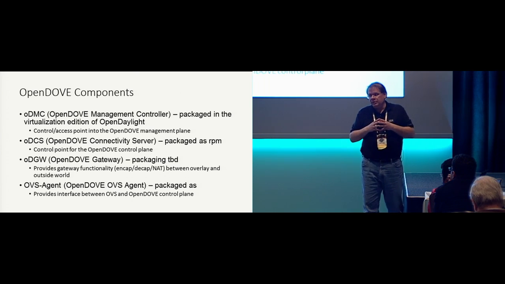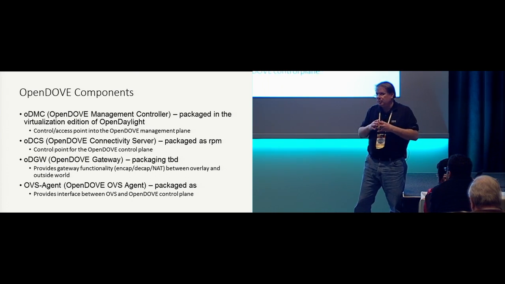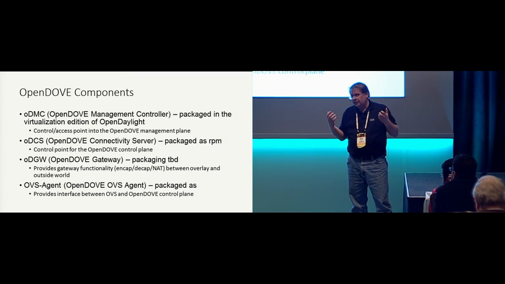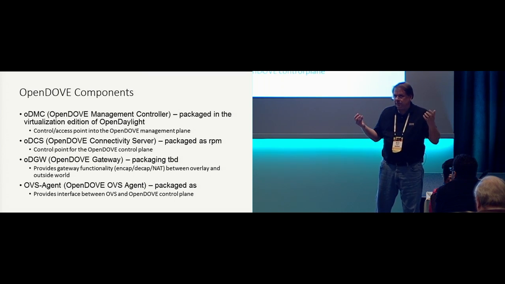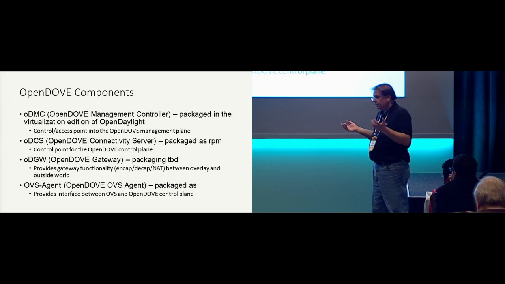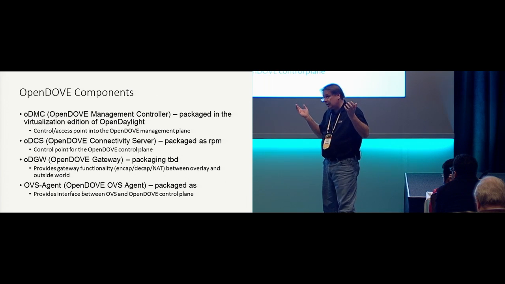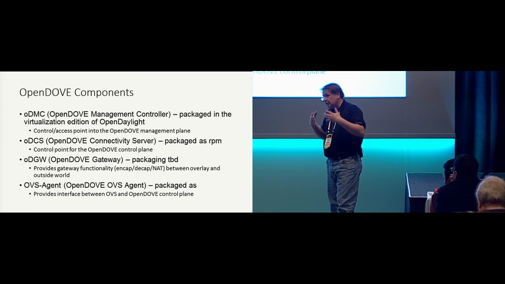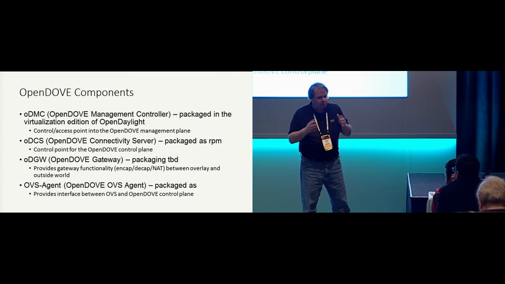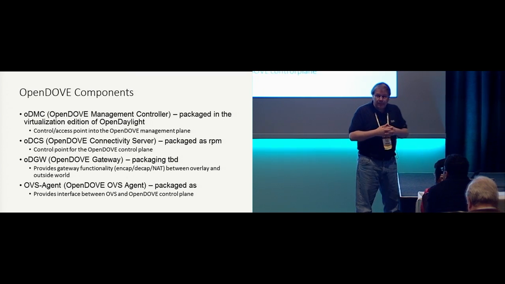One of the things OpenDOVE has is a management plane in addition. We split the management plane from the control plane. So if the management controller dies, the management plane goes away and you can't do any more management, but the control plane's still there, the data plane's still there, packets still flow.